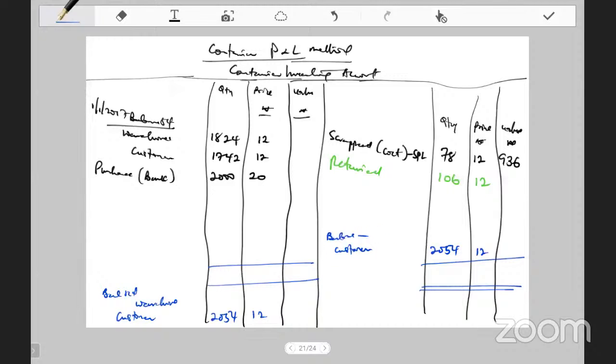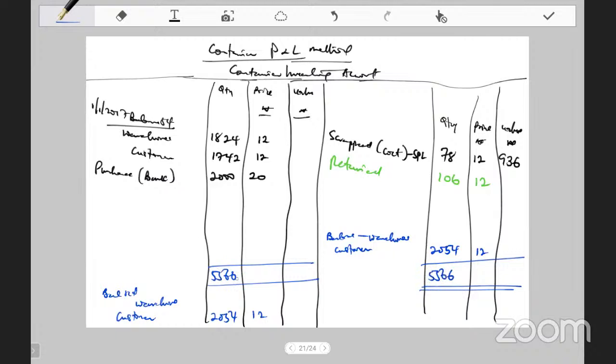So now we can get the warehouse. Can I get the value for the warehouse? Remember, we get the total of this: 1824 plus 1742 plus 2000. Give me what, please? 5566.